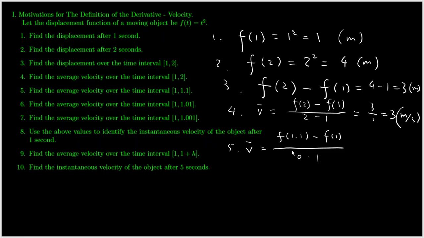Again, in the numerator you have the distance traveled over the time interval from 1 second to 1.1 seconds. In the denominator you have the time elapsed. So the average velocity over the time interval is given by that formula, if we use the function notation.